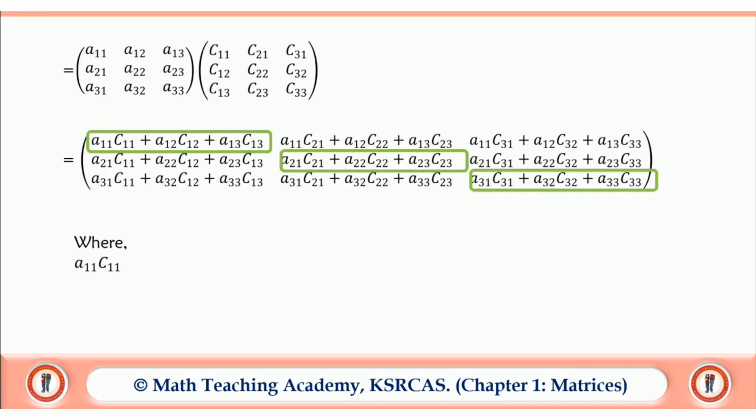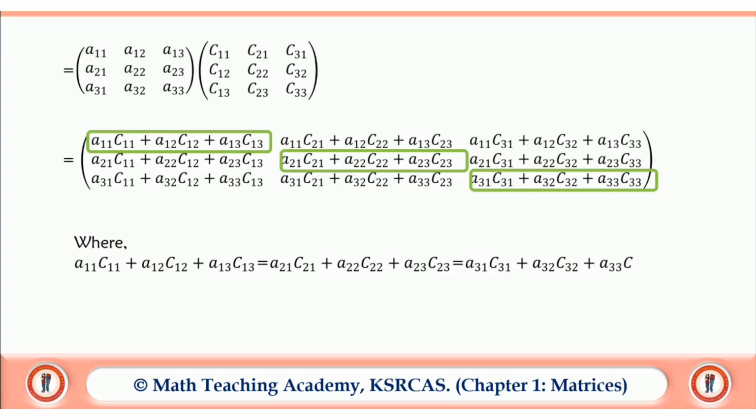Where A11 into C11 plus A12 into C12 plus A13 into C13 is equal to A21 into C21 plus A22 into C22 plus A23 into C23 is equal to A31 into C31 plus A32 into C32 plus A33 into C33. These are all the sum of products of elements of any row and its cofactors. So by the definition of determinant, these elements are equal to determinant A, and the remaining entries are all 0.